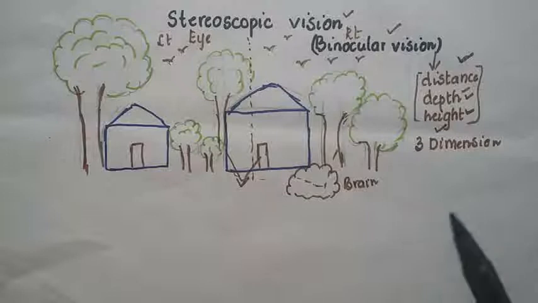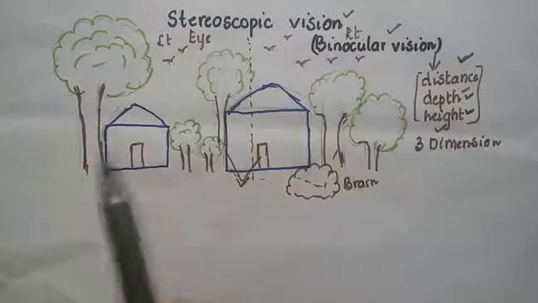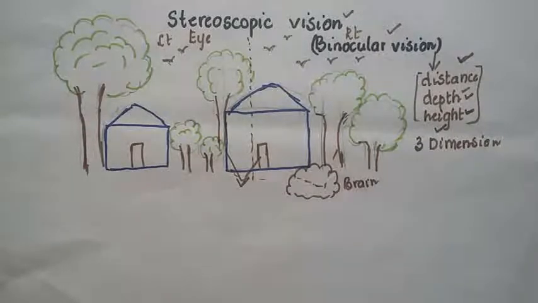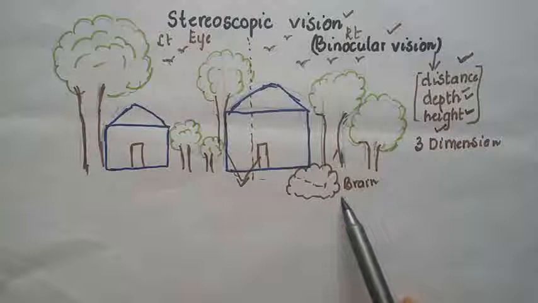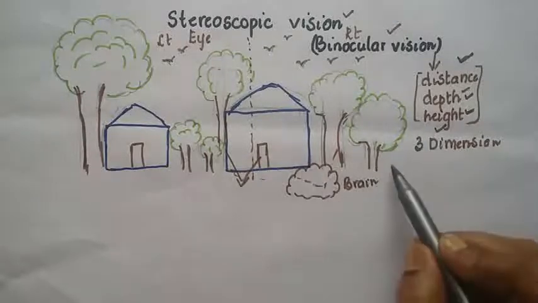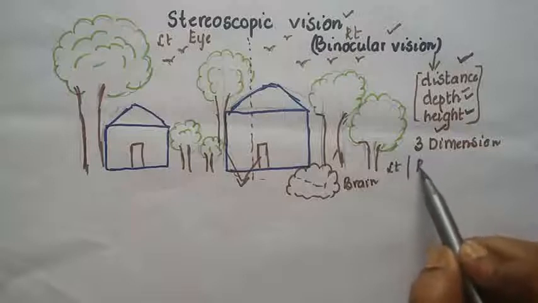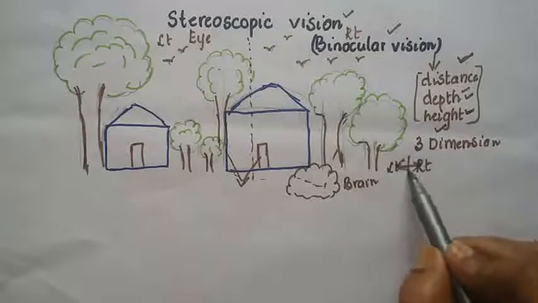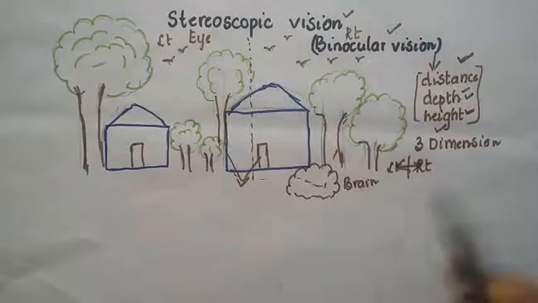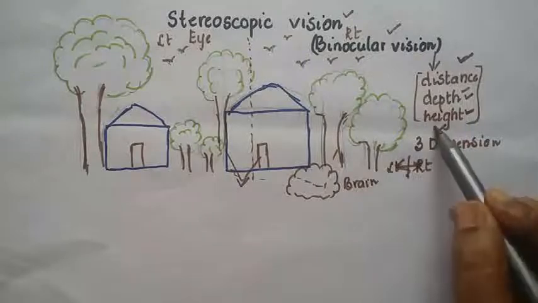I repeat, so though the images in the left eye and the right eye are different, both these images are carried to our cerebrum of the brain in the occipital lobe. Both the images of left side and the right side will be overlapped. It is brought together, it is overlapped.